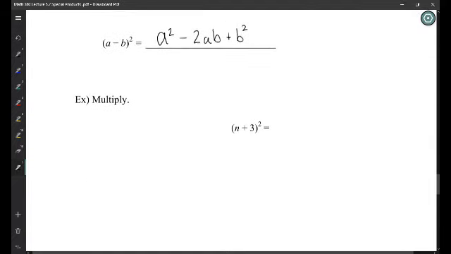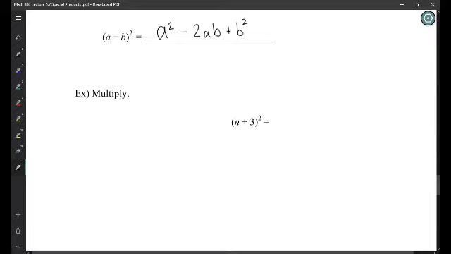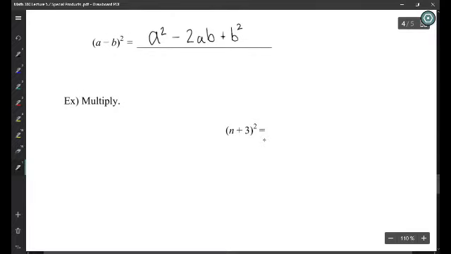Let's test these out. So n plus 3 squared, this is a binomial squared.